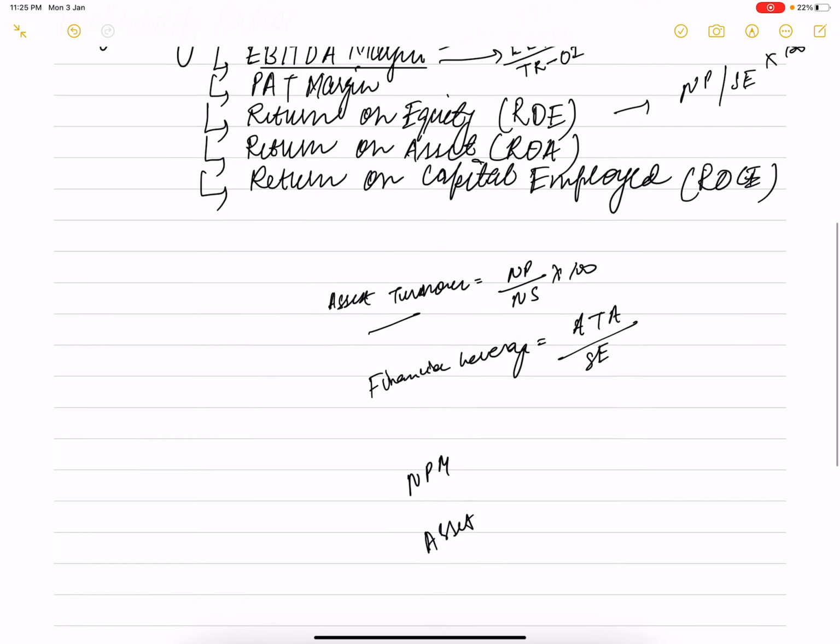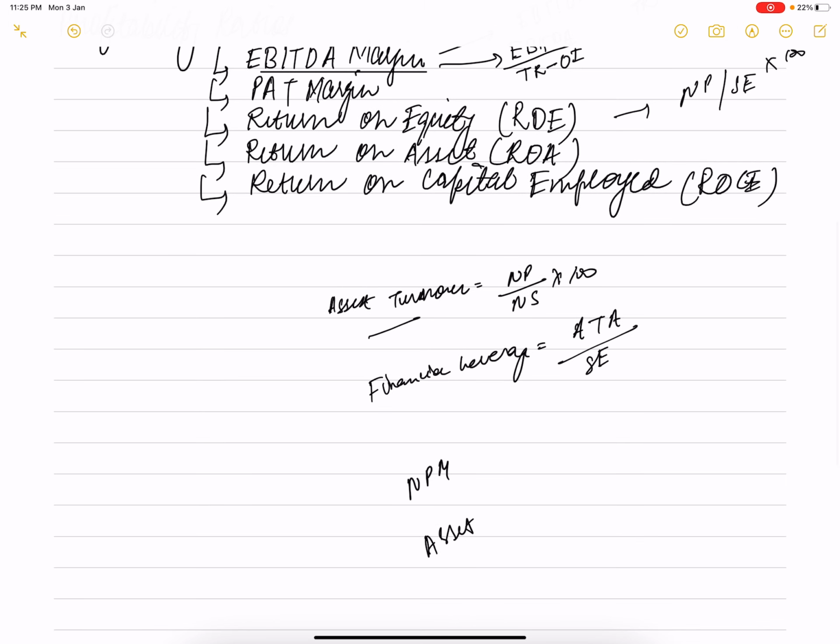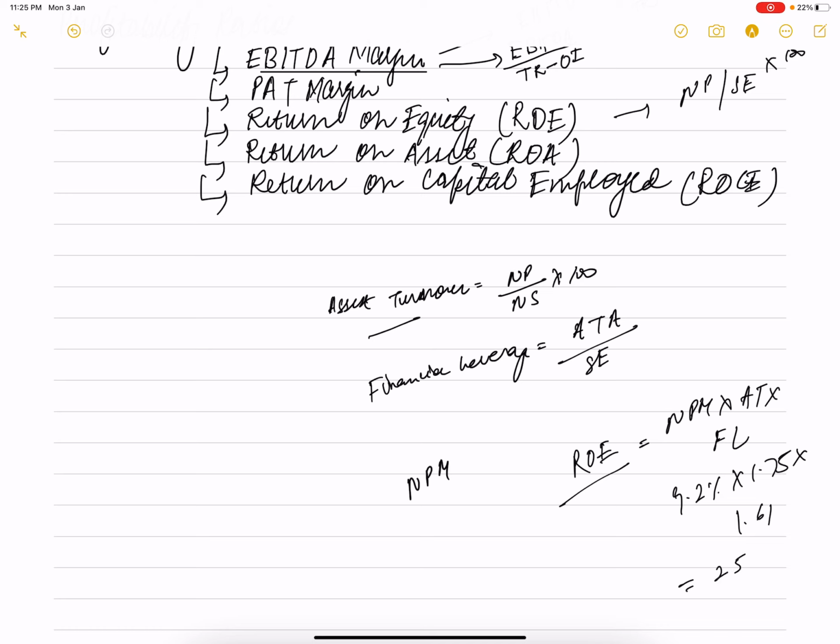Now let's come to ROE. What is ROE? ROE is net profit margin multiplied by asset turnover multiplied by financial leverage. That is 9.2% times 1.75 times 1.61, which comes out to be 25.9%.